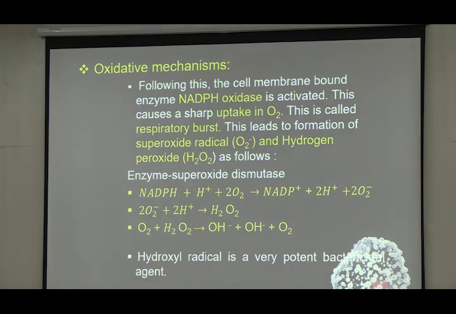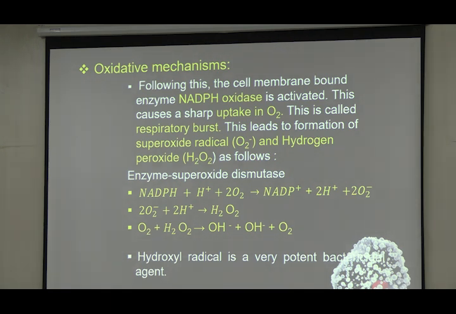O2 negative is one of the major oxidants. Then in the next step, 2 O2 negative plus hydrogen ion will produce hydrogen peroxide. This is also another oxidant. And some of the hydrogen peroxide will again combine to form OH negative plus oxygen. So whatever oxygen it produces, part of this oxygen is utilized in hydroxyl group formation and in hydrogen peroxide formation.